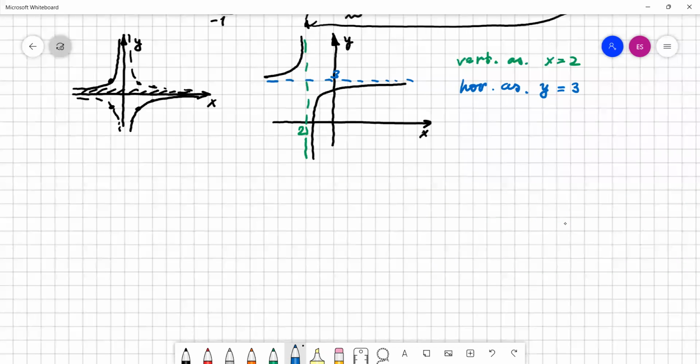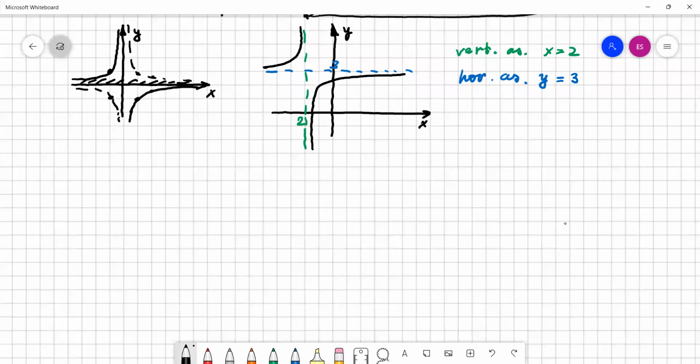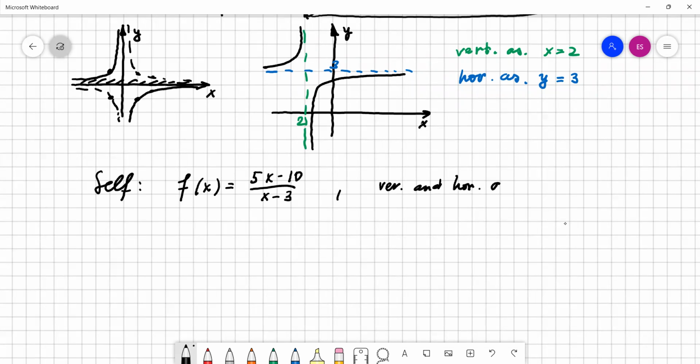Now, guys, I want you to graph something similar. So self-work. Please graph f of x equals 5x minus 10 divided over x minus 3. Find vertical and horizontal asymptotes.